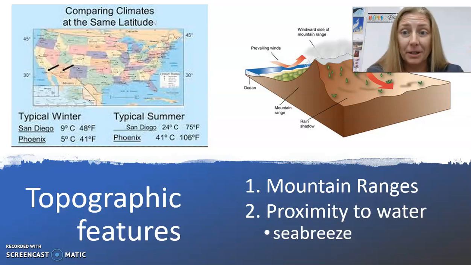And then in the winter months, the ocean releases a lot of that stored heat that it had accumulated over the summer, warming the air in that coastal town or coastal city.